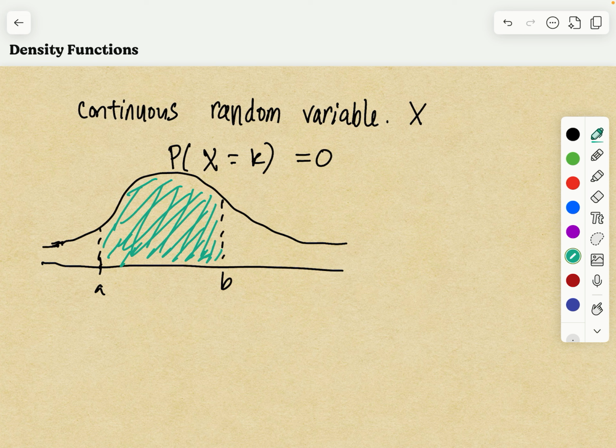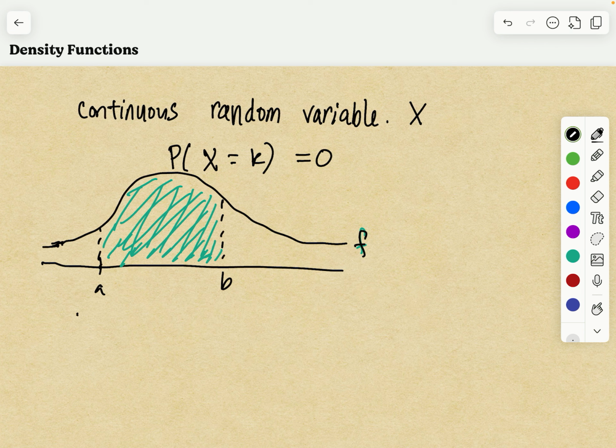So instead, when we talk about finding the probability of events when you have a continuous random variable, what we have is a density function f. So here's the graph of f. It's called a density function.